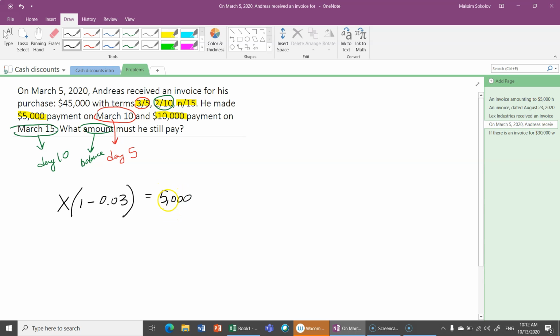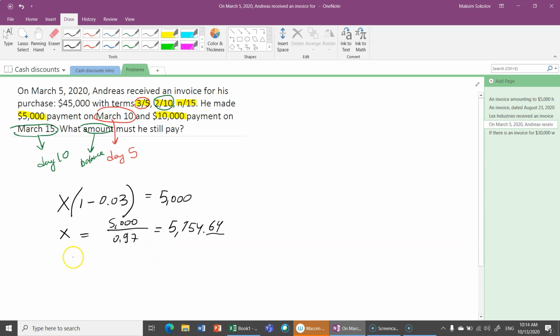So Andres, by paying $5,000, receives credit, the amount that he pays out, such that if discounted by 3% will be $5,000. So X will be $5,000 divided by 0.97, and this is equal to 5,154.64. In these types of transactions, credits are rounded to 2 decimal places.